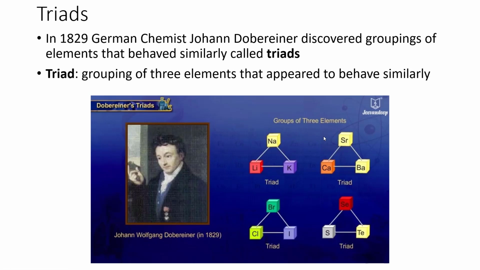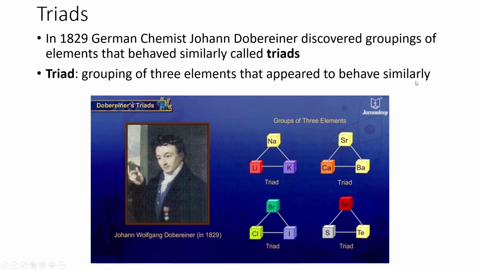Okay, so we can see that different materials are made up of different types of elements. So when we were first discovering these individual elements and what we know as atoms, it was the work in 1829 of the German chemist Johann Döbereiner, who discovered groupings of elements that behave similarly, and he called these groupings triads. So a triad is defined as a grouping of 3 elements that appear to behave similarly.